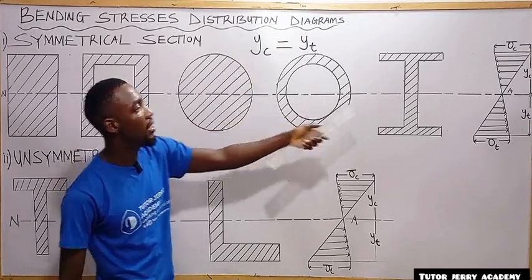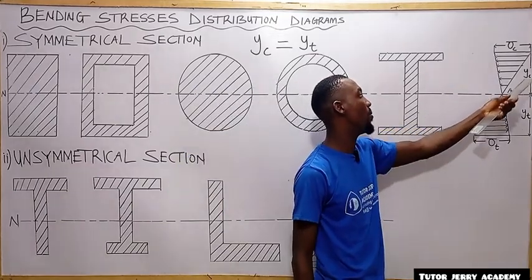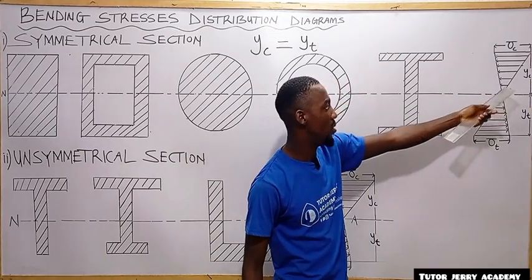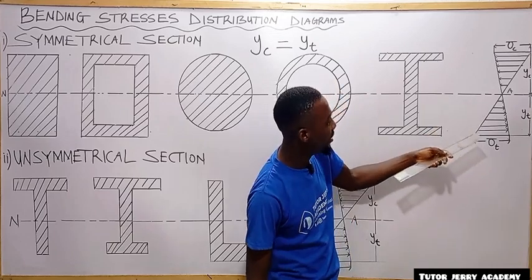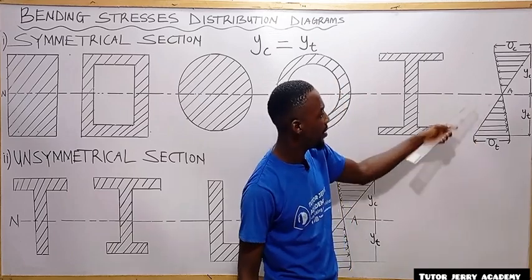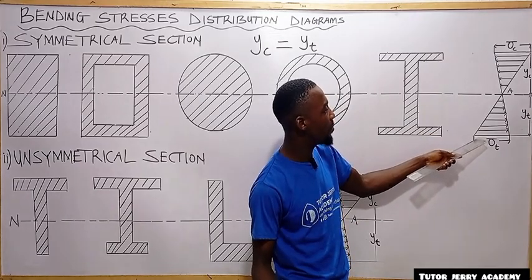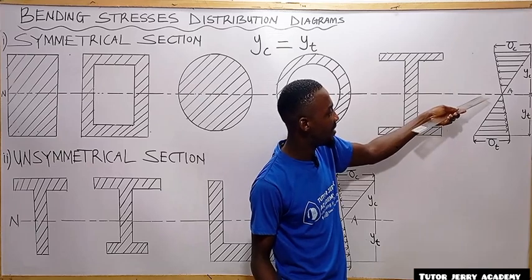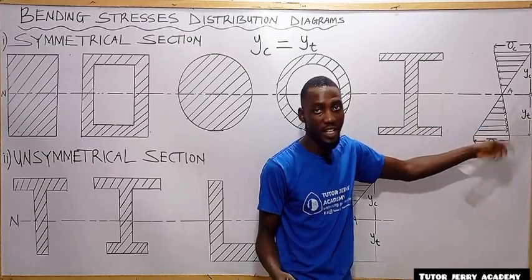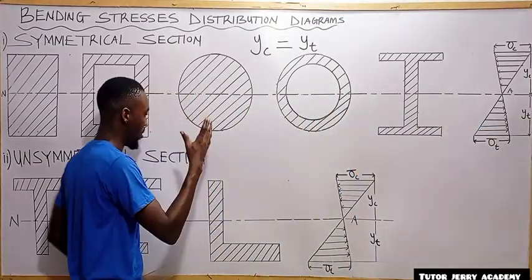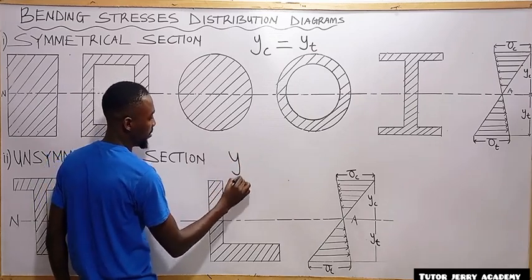That is, the distance from the outermost part from the neutral axis due to compressive stress will be equal to the distance from the outermost part from the neutral axis due to tensile stress. All right, so that is what is there, but here it will not be equal.